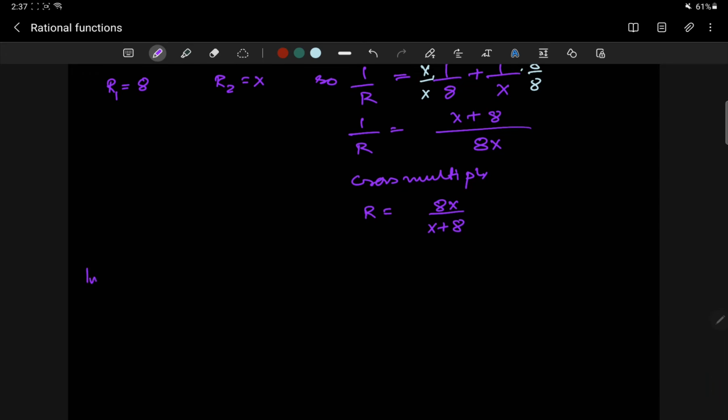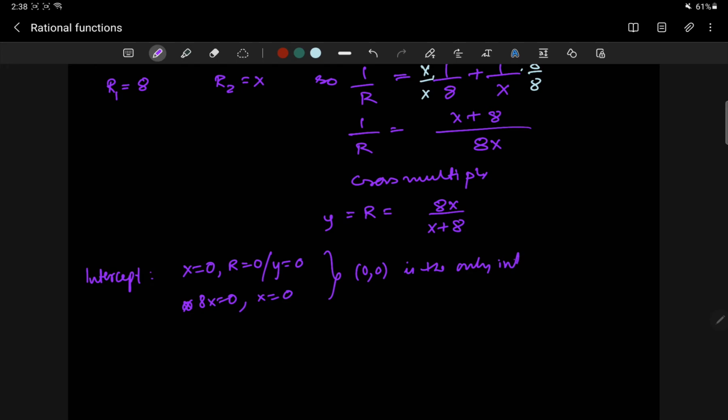So, intercept: x equals 0, R equals 0. R here is representing, you can think of it as y. The other intercept happens when y is 0, or 8x is 0, which gives you x is 0. So (0, 0) is the only intercept.